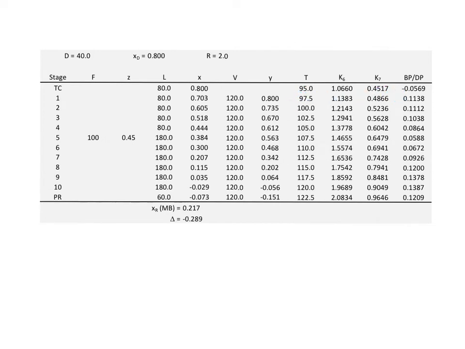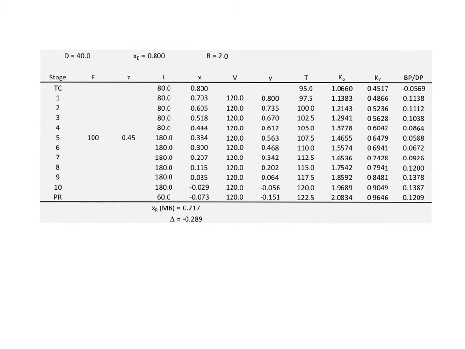I put this as the sum of Kx minus 1, so it should equal 0 if it's correct. Well, it's not, so it'll have to be iterated. For the others, we use the dew point equation because they will look at the Y value and determine whether the temperature is a correct guess based on the Y value.